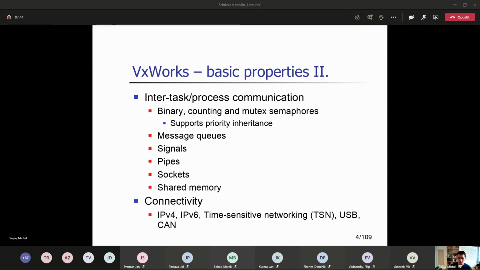Again, if you want to survive in today's world of operating systems, you have to support this. So this is all supported. We will also play with network communication in the labs. You will use it at least for your semestral work.